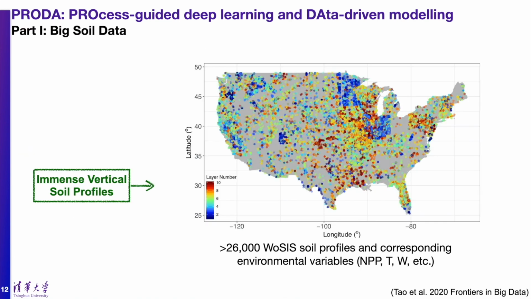For the big soil carbon data, we use the vertical soil carbon profiles compiled in the WOSIS dataset. Taking the US continent as an example, more than 26,000 vertical soil carbon profiles can be used in the PRODA approach.